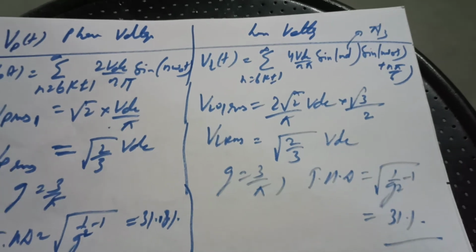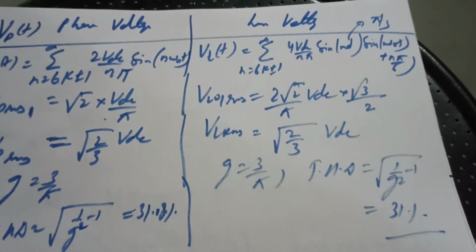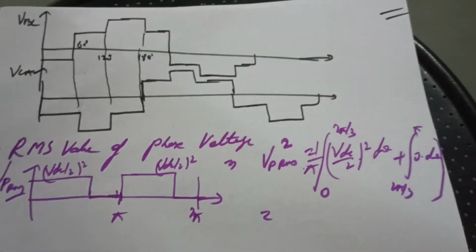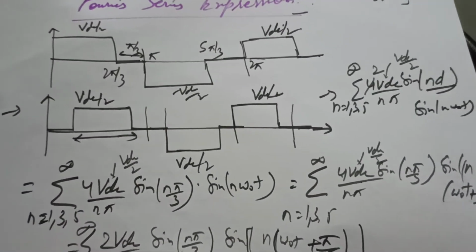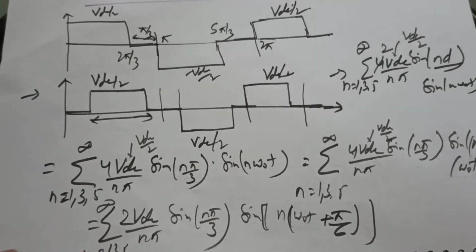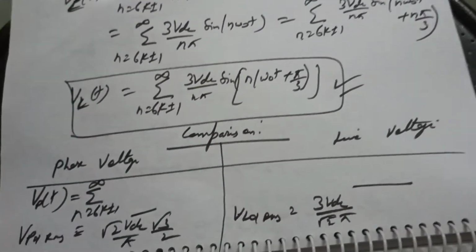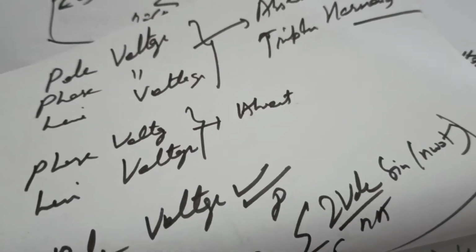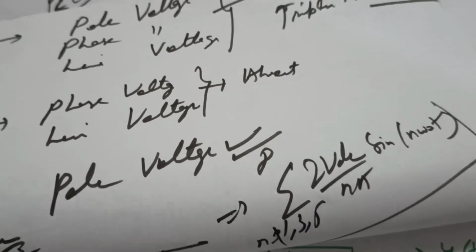Clear? So 2, 4, and in the next part it is going to be 2, and then it is 3 VDC by n pi. Sin n pi by 3 will be present for only 2 cases. Be very particular, in only 2 cases that particular value will be present.